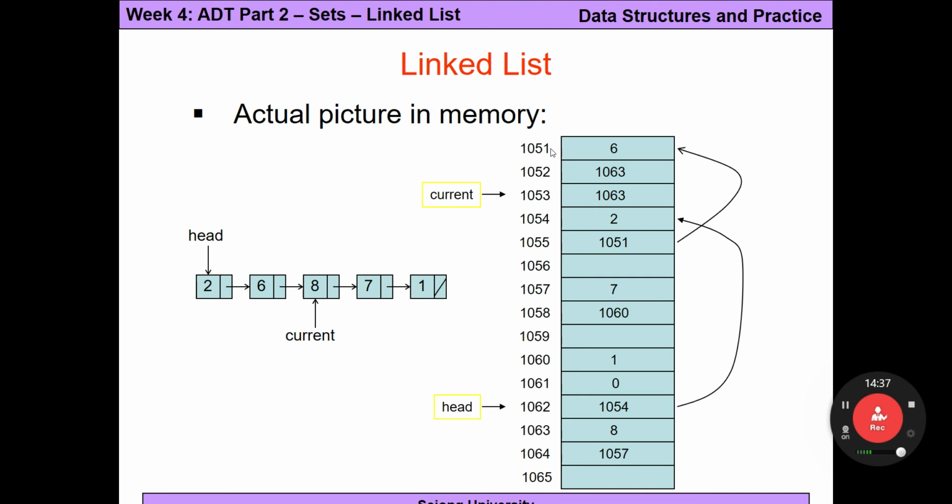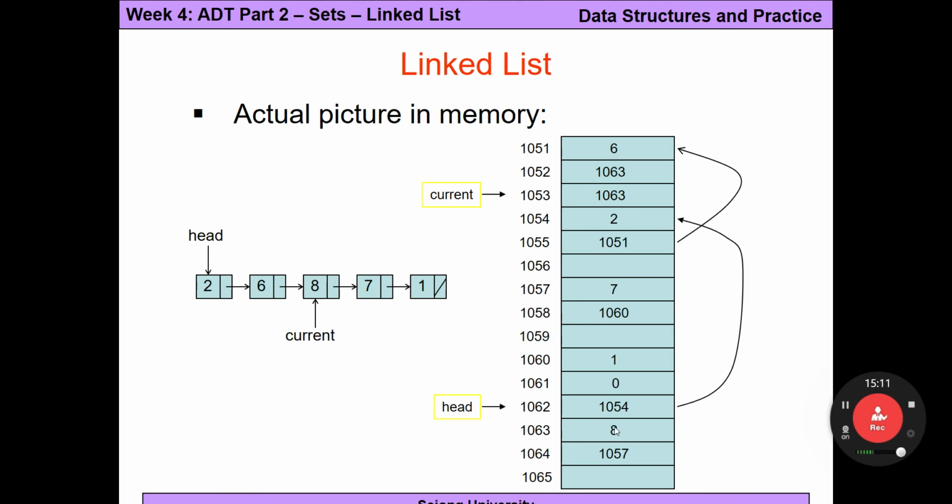At 1051 the data 6 is stored, and with the 6 there is the next, that is 1063. This node contains the address of the next node, 1063. Where is 1063? Here it is, stored at this address.